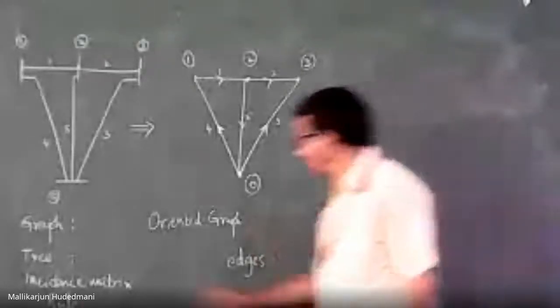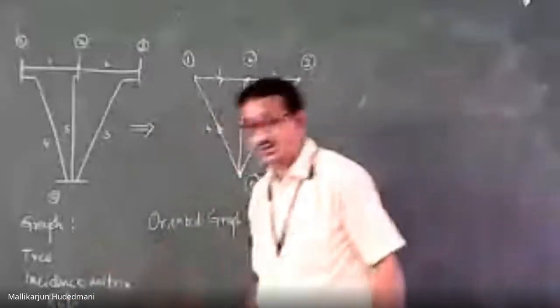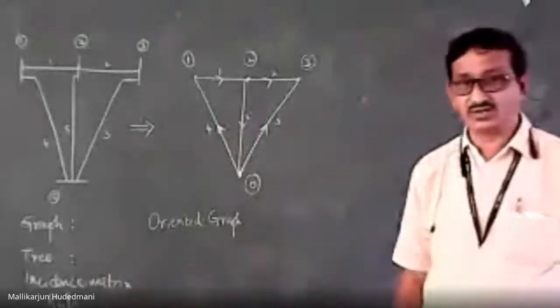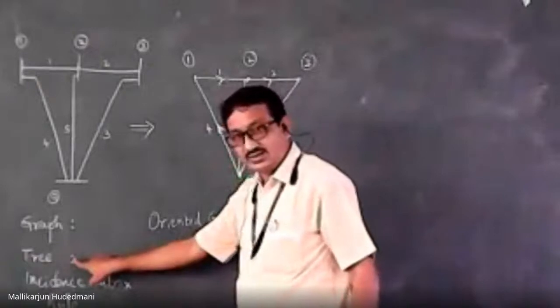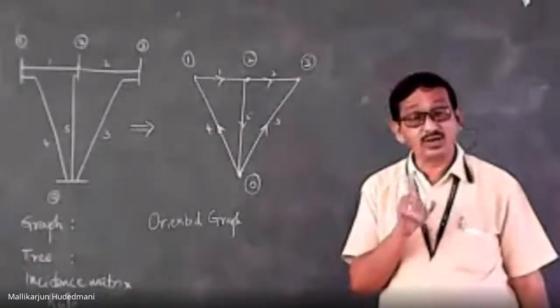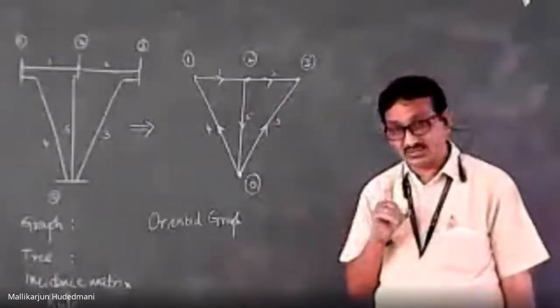Now, the next definition which we need to understand is a tree. What is that tree? If you go back to the basic definition, a tree is a graph, or it is a subgraph of a main graph. See the representation.